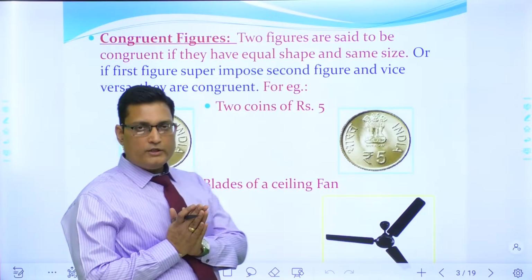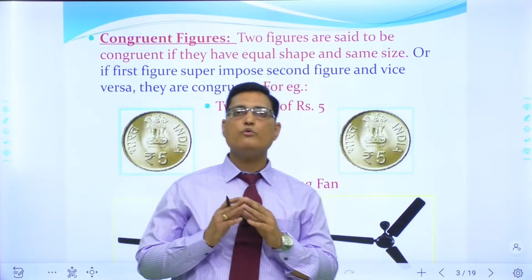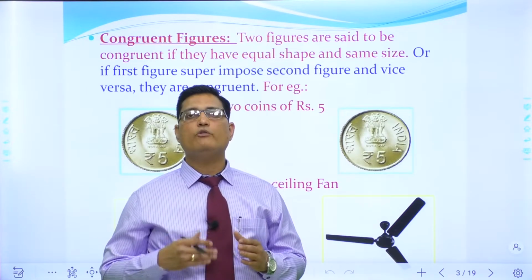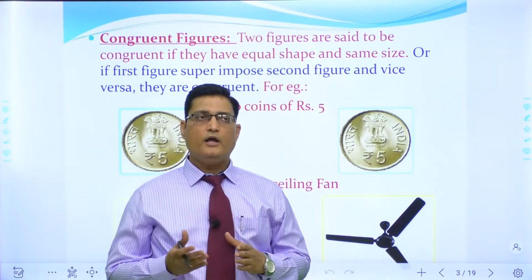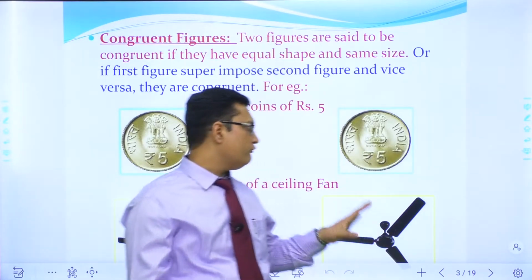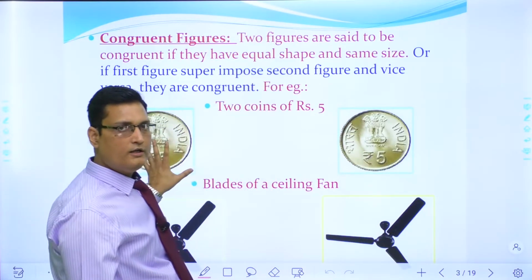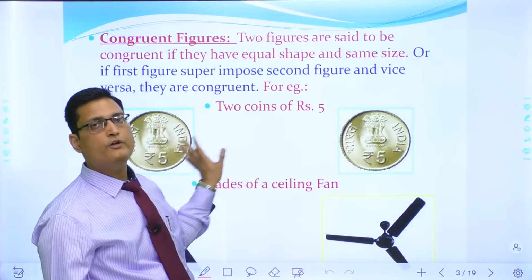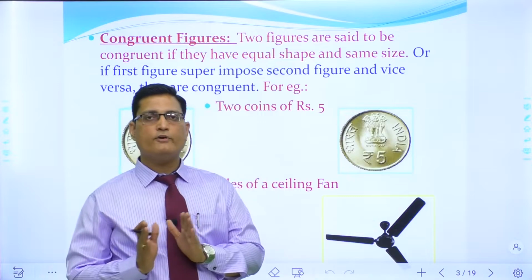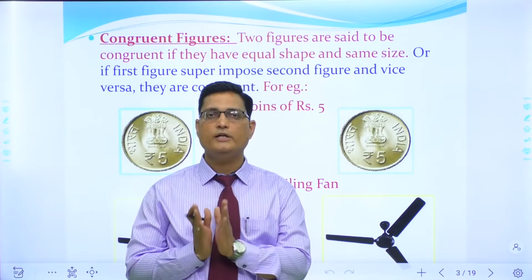So students, what is congruency then? Congruency means two figures that are the same in shape and equal in size. In easy language, if I put the first figure on the other and vice versa, then they will superimpose each other. So it is clear that congruent figures are the same in shape and equal in size.